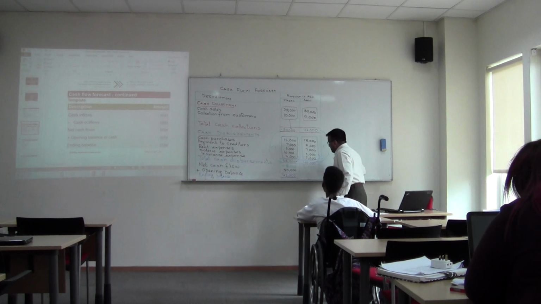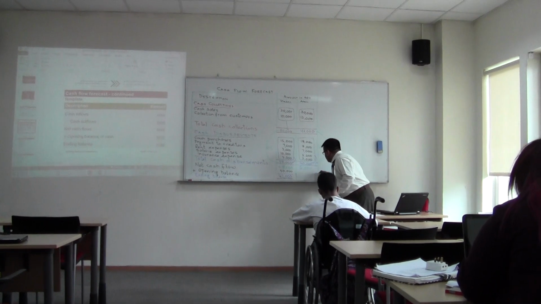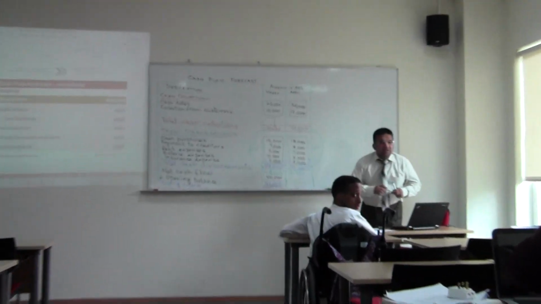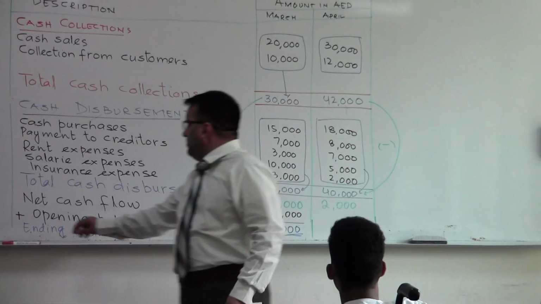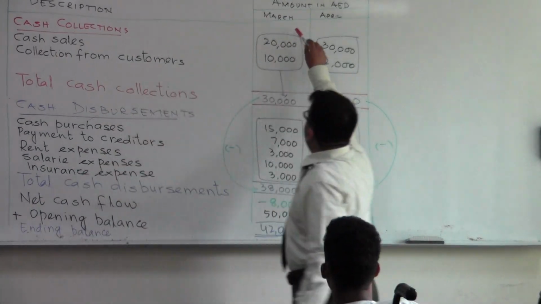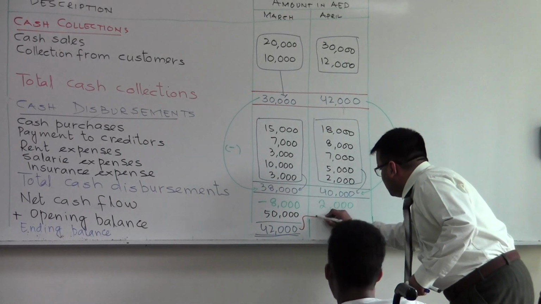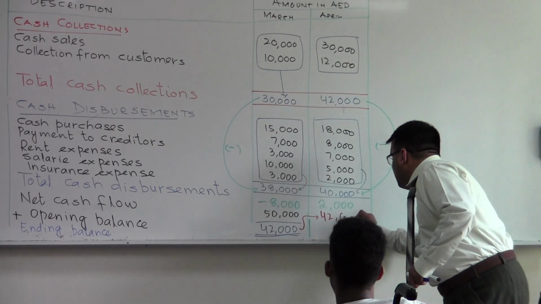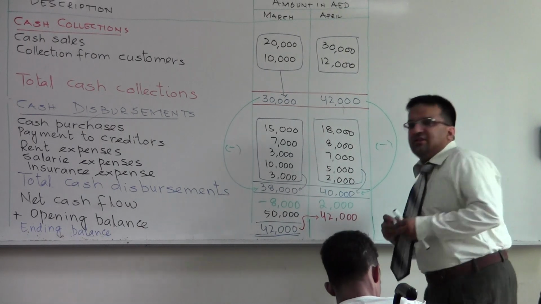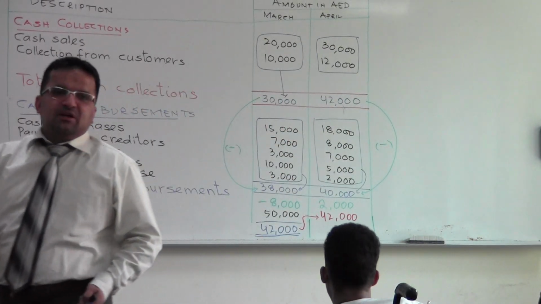Now, this 42,000 is the ending balance of March, and this we will shift here, because ending of 1 month will be the opening of the next month.